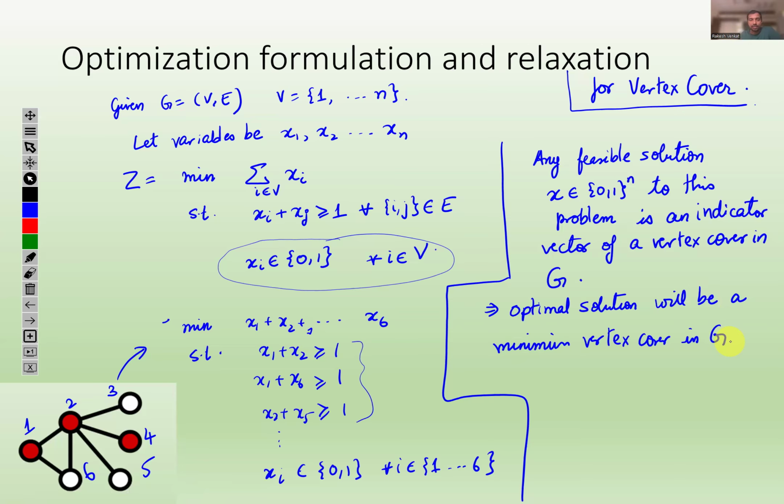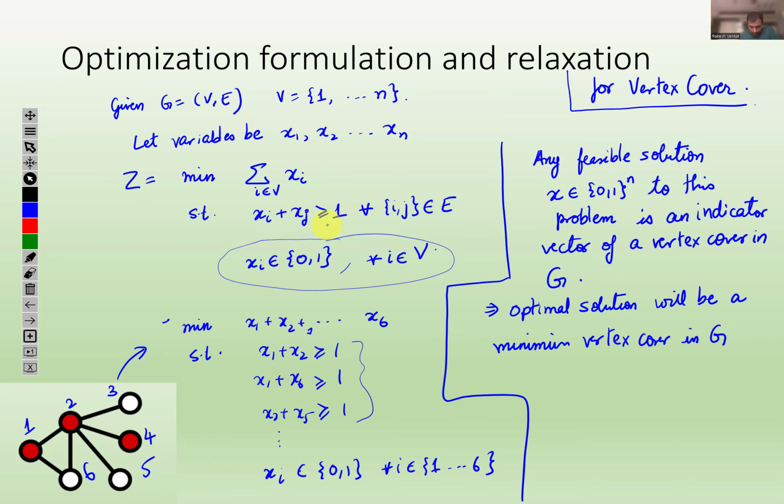So is this setup clear? So we have given an optimization formulation. And what I've argued is that the optimal value of this formulation is indeed equal to the minimum vertex cover in the graph. However, we can't expect to compute this efficiently. Okay, because of this discreteness constraint. The rest of it is almost a linear program. It says summation xi, which is linear, and xi plus xj greater than or equal to 1, which is linear.